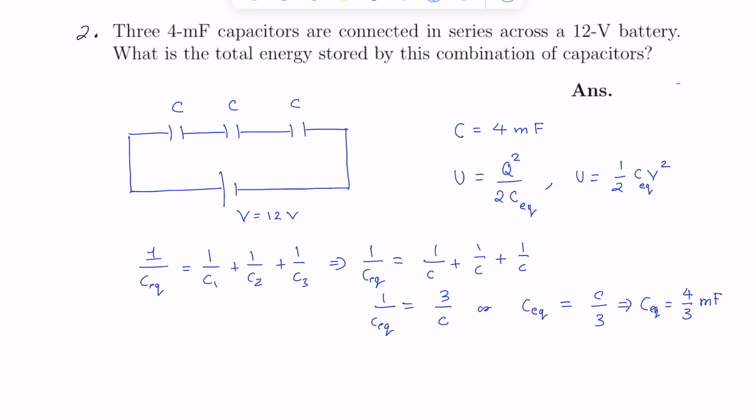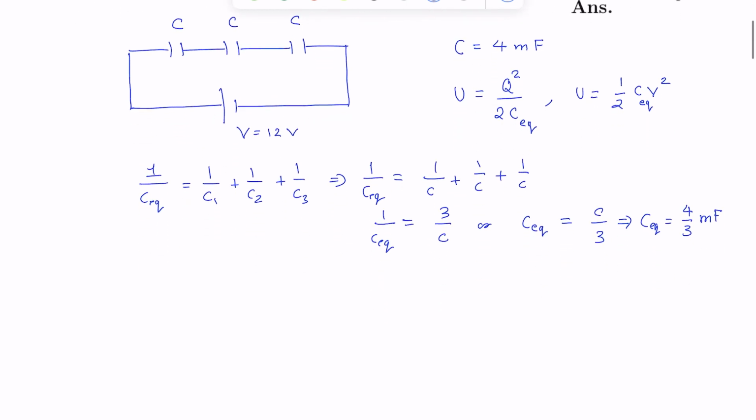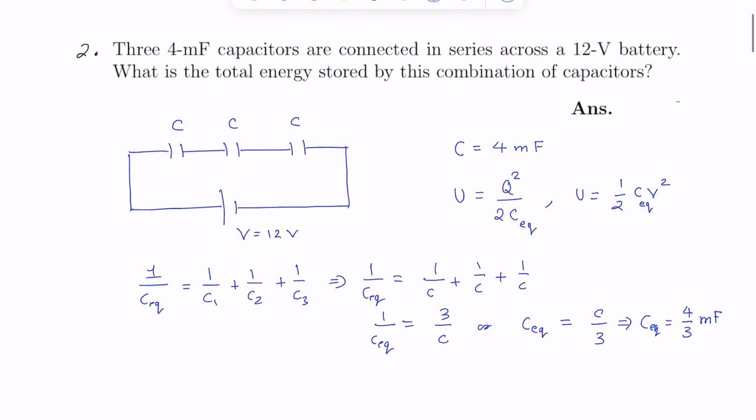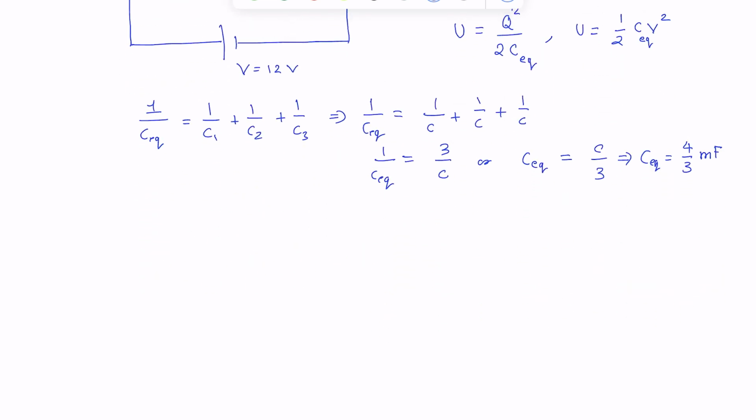Now to figure out the total energy stored, you just use the formula U equals half C equivalent V square, and this will be half times 4 over 3 times 10 to the minus 3 times 12 square.